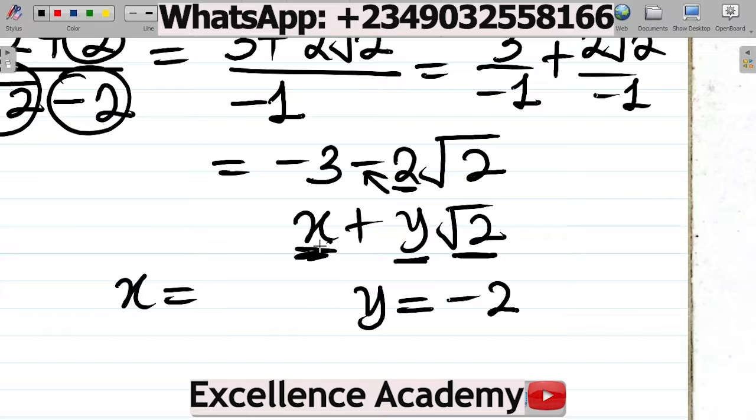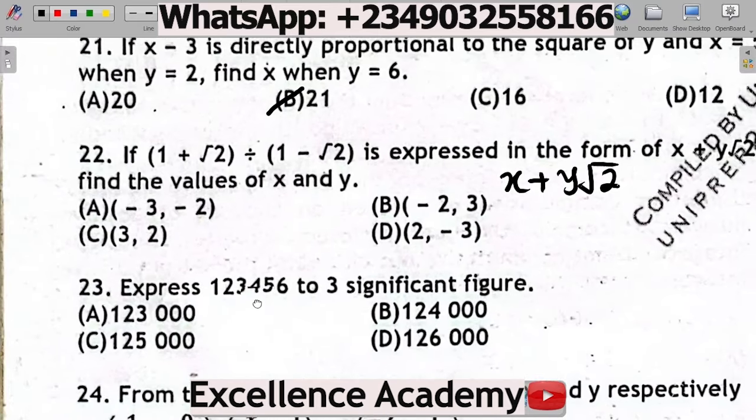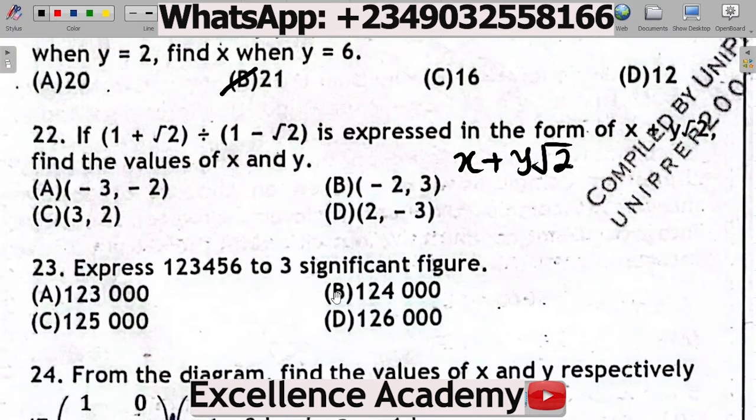Meanwhile, x is the other term, which is minus 3. So x is minus 3 and y is minus 2. Let's see which option matches. Minus 3, minus 2, that is option A. Of course, you put the x term first before the y term. So minus 3, minus 2 is the correct answer.